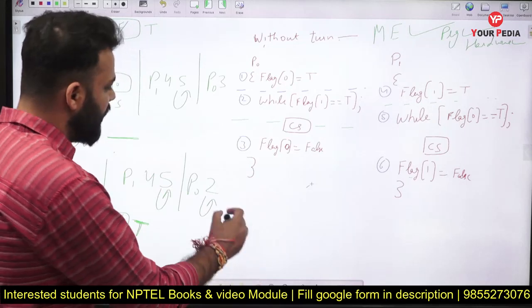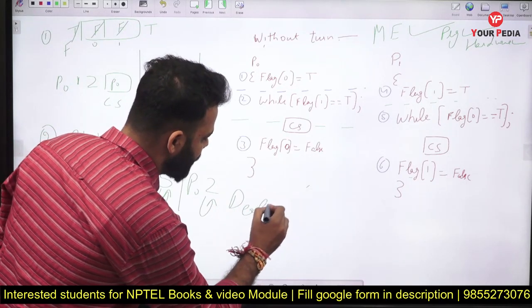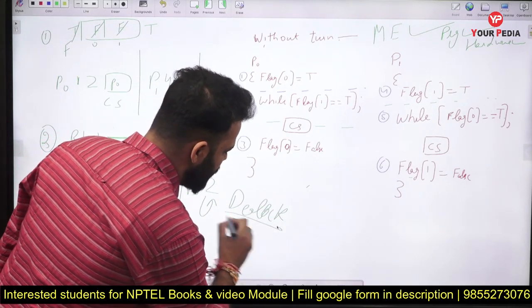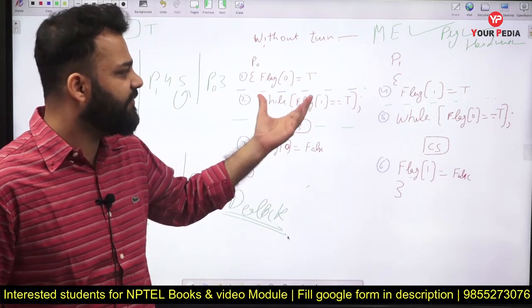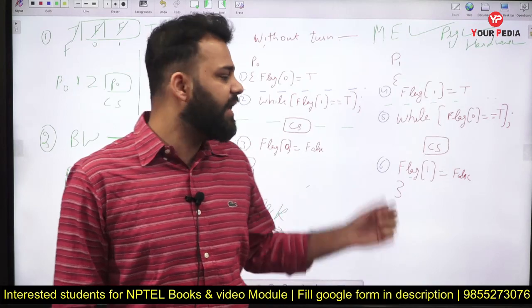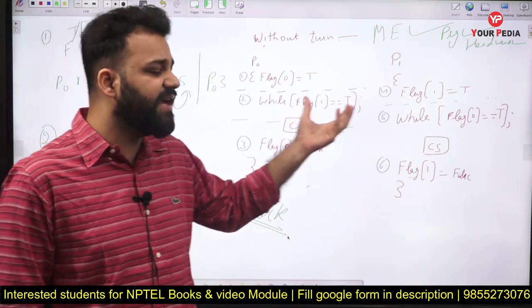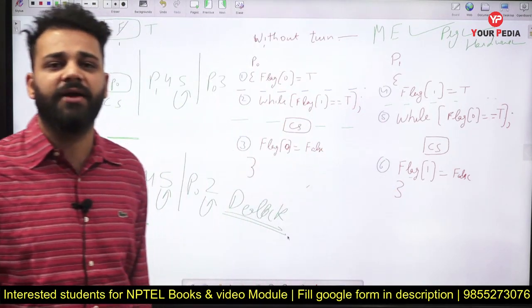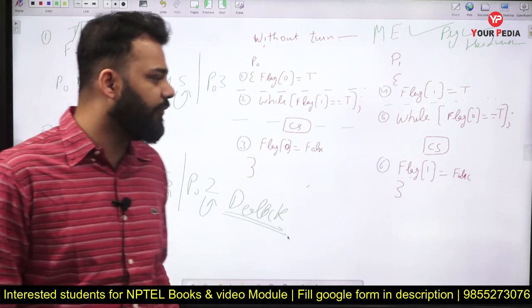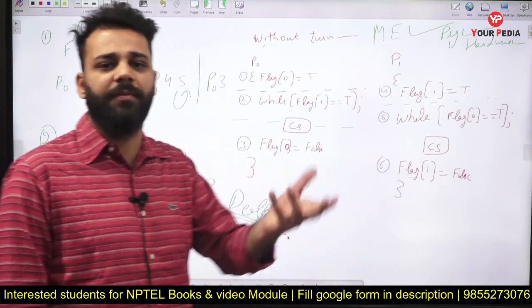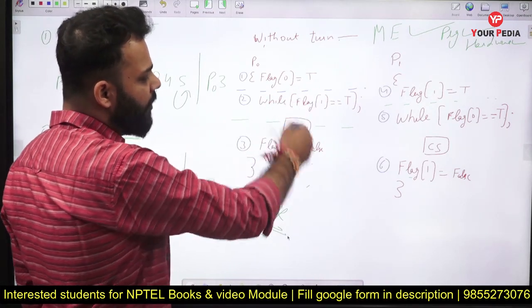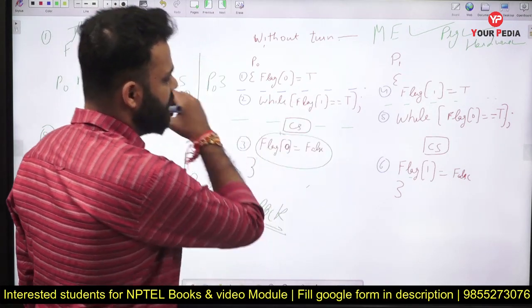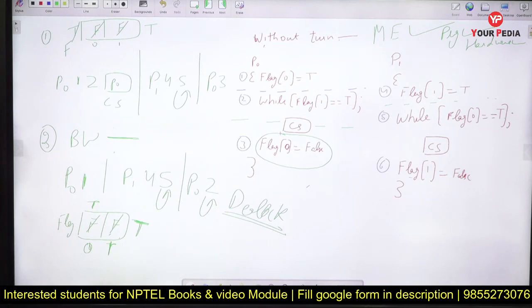So it is a form of deadlock. In order to move to the critical section, some flag value should be false, and in order to change a flag from true to false, you need to enter the critical section. So it is a perfect example of deadlock. You are not able to move forward, and to move forward you need to access this part of the code. So you are trapped here.